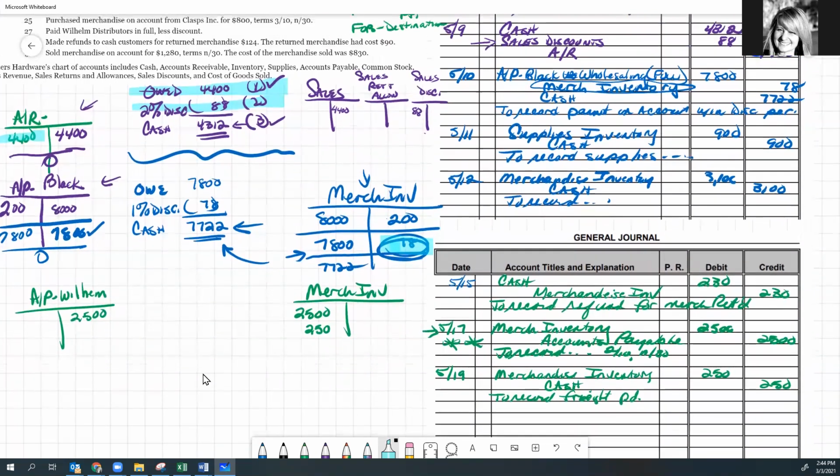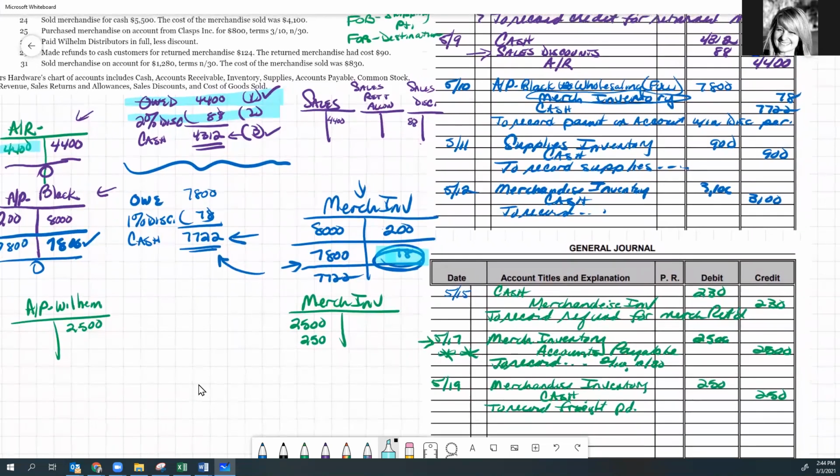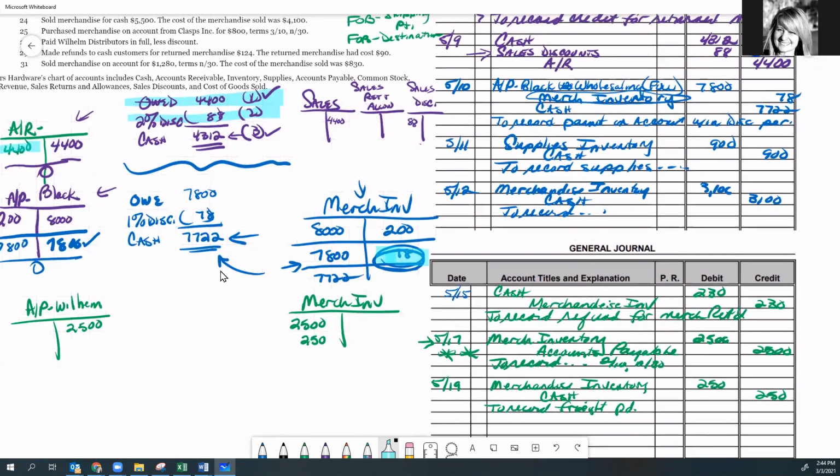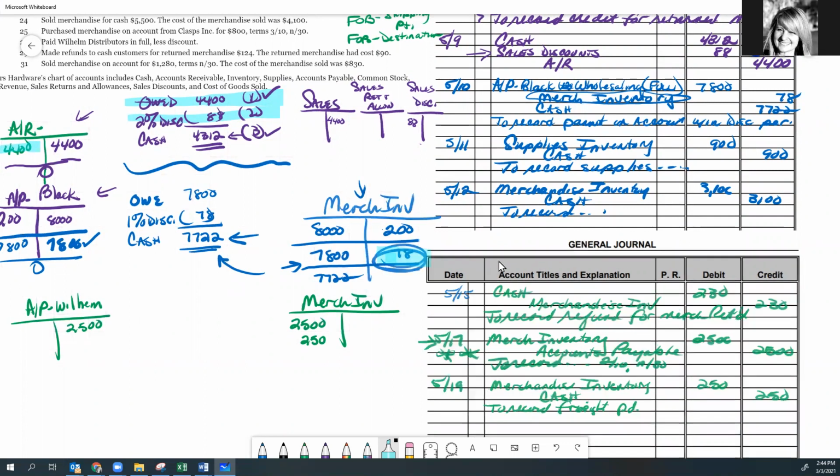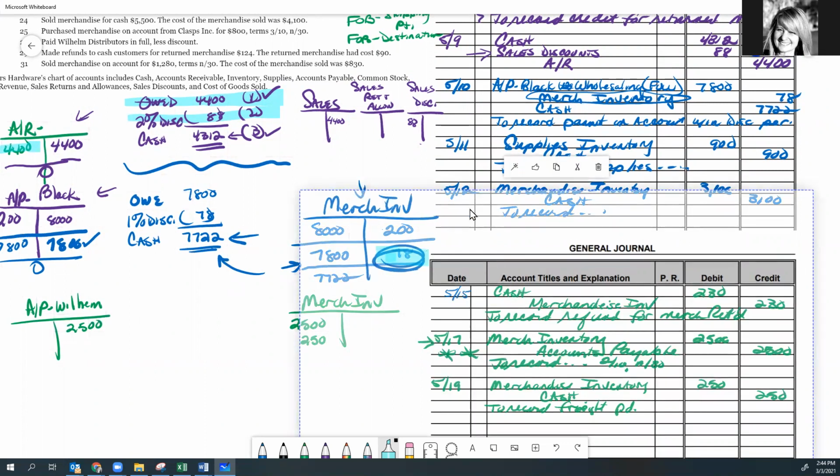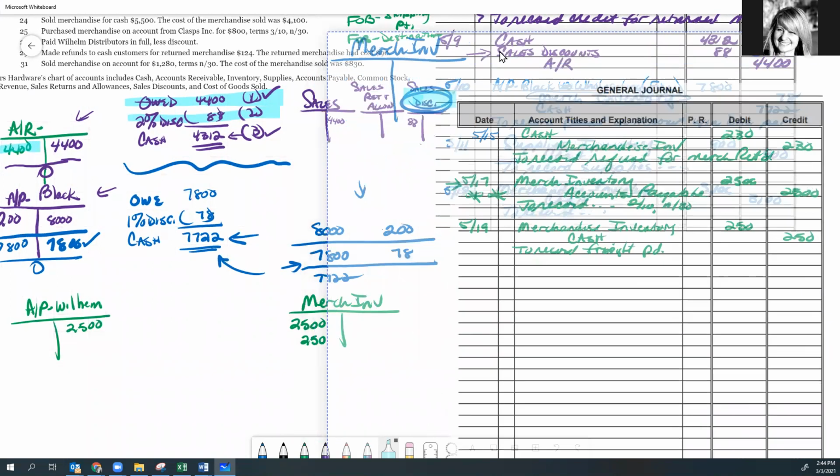recording sales under the perpetual inventory method, I don't have enough room here. Let's see, what am I going to do? Well, we'll just move this up a little bit. Okay.